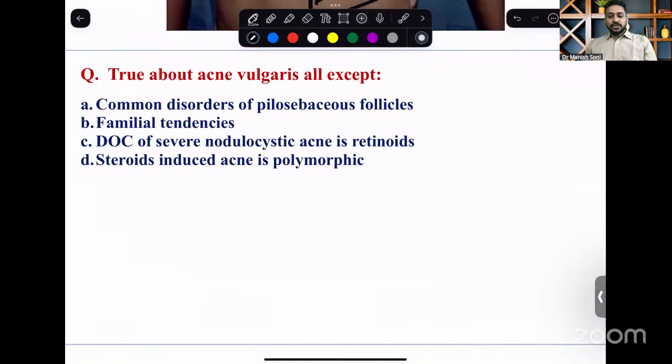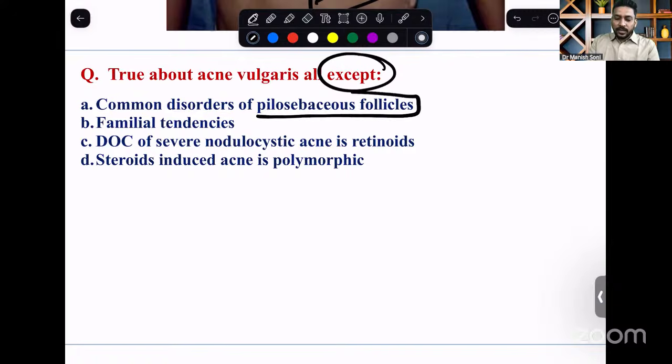Now, which of the following is true about acne vulgaris except. So again, you have to tell the incorrect statement. This is a disorder of the pilosebaceous unit or follicles. Yes, it is correct. It is not just a disorder of the sebaceous gland, it is a disorder of the whole pilosebaceous unit. It has familial tendency. Yes, true.